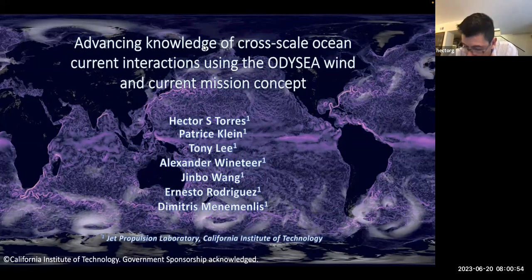The idea today is to highlight the advantages of having a satellite mission like ODYSEA: how we can exploit the wide swath, the temporal sampling, which in some places is twice a day, and also the high resolution of surface currents, in the estimation of the interactions across the scales. This is the team at JPL, and most of the talk is feedback I have from them. So let's see.